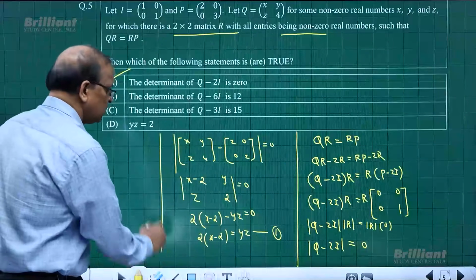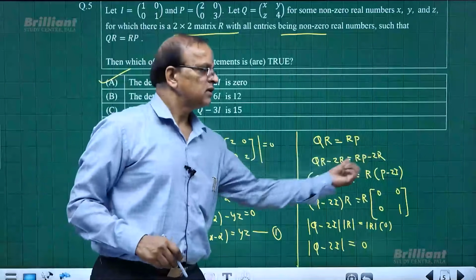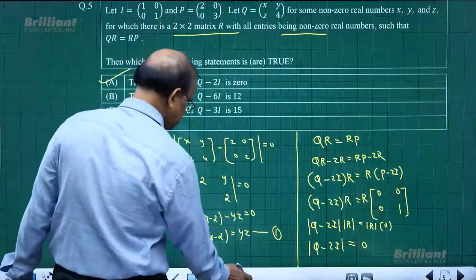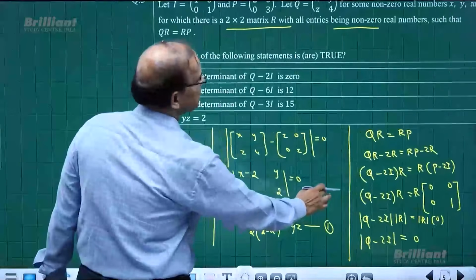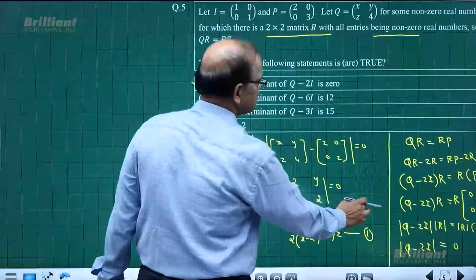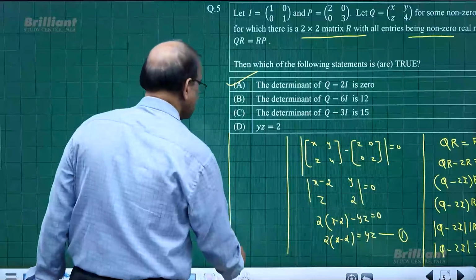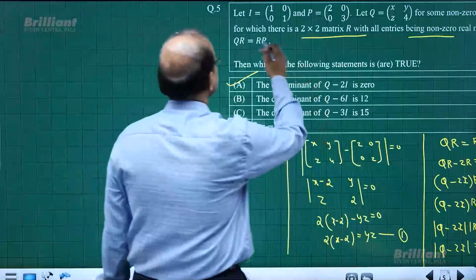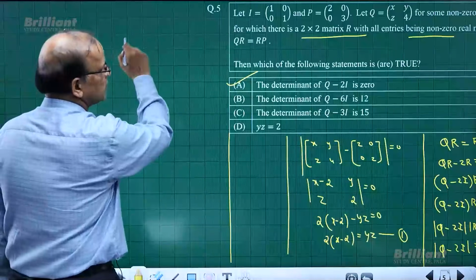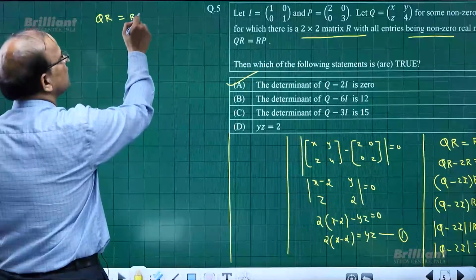Now here 3I, 6I are also there, so we will subtract 3R. From that we will see what we get. Instead of 2R, I am subtracting 3R. So QR is equal to RP, given.